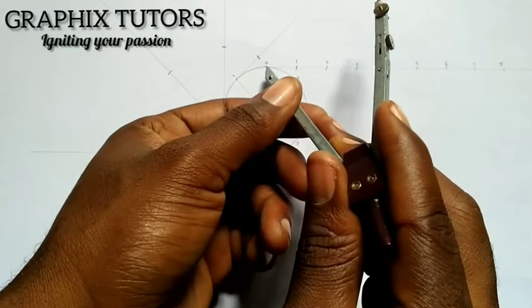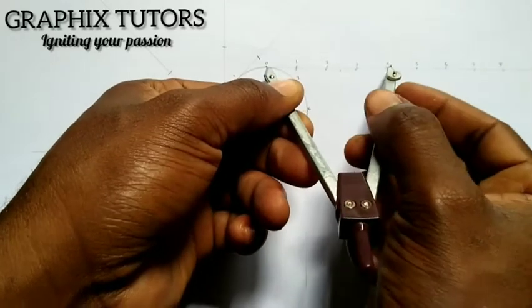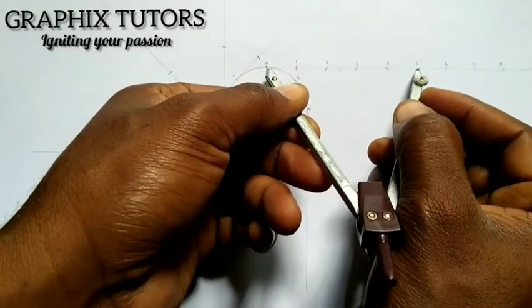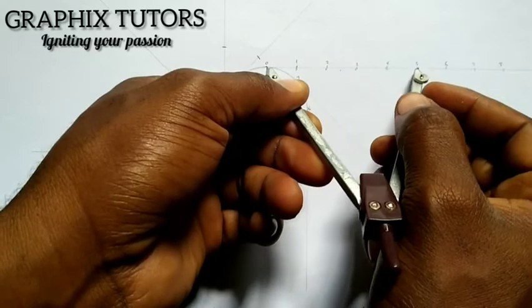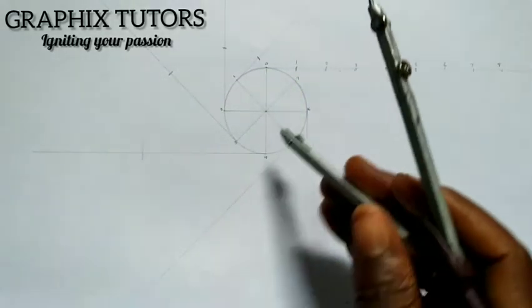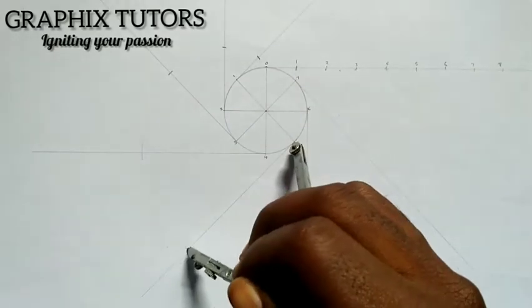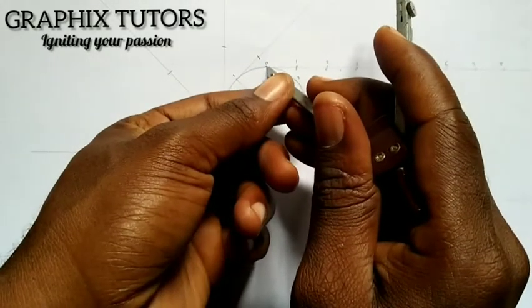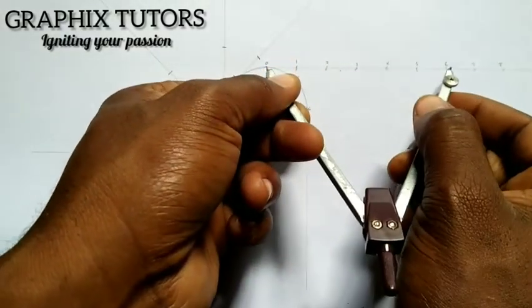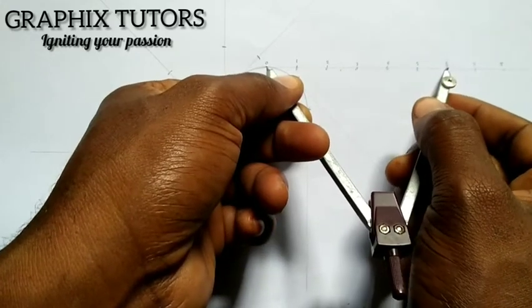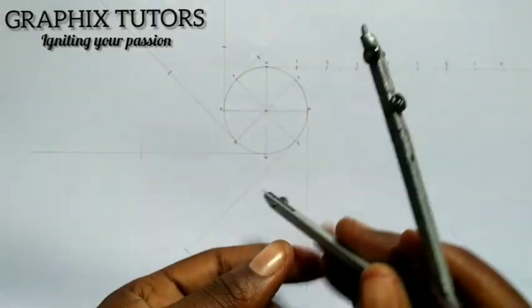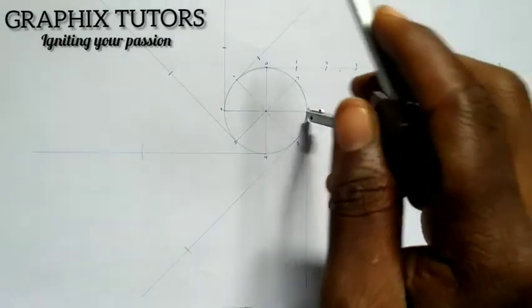You come from 0 to 5, you come on 5, you mark. You come from 0 to 6, you come on 6, you mark.